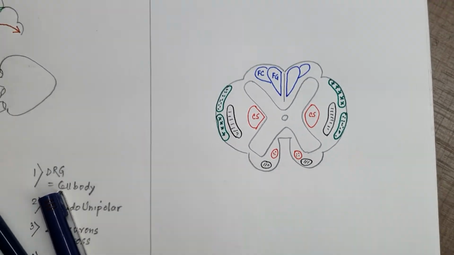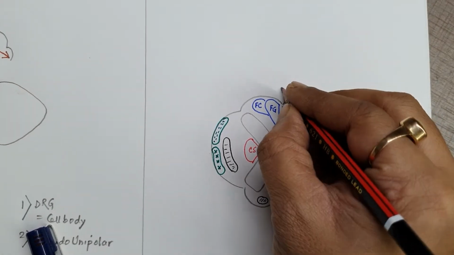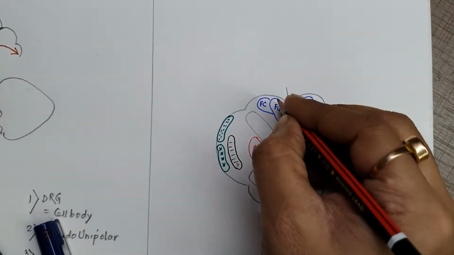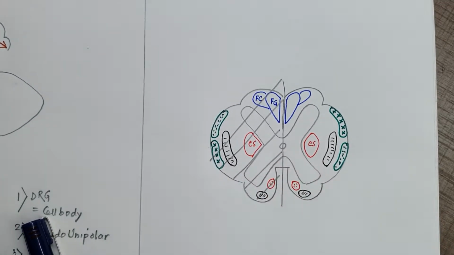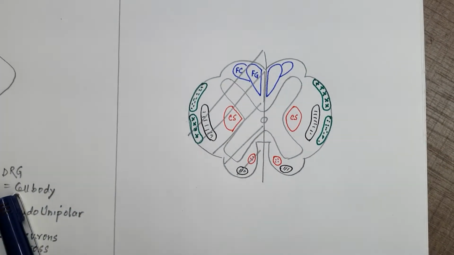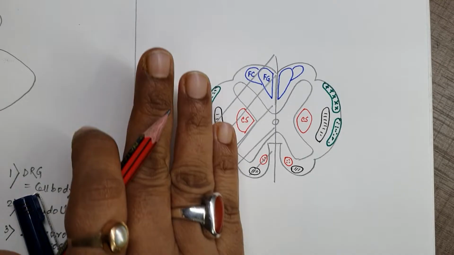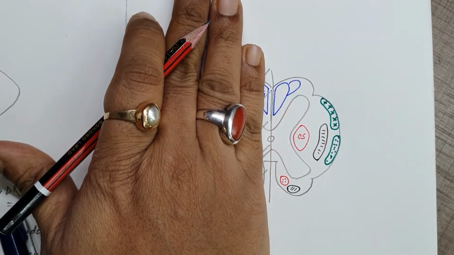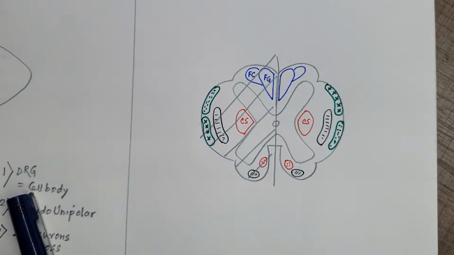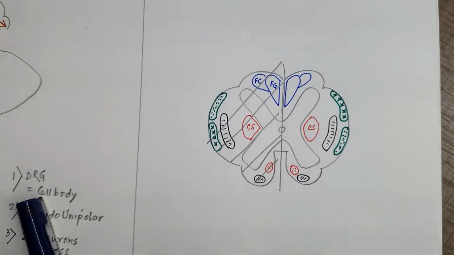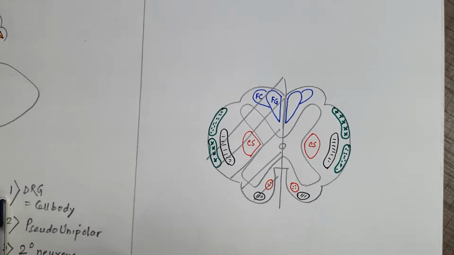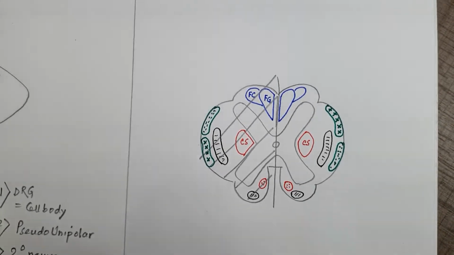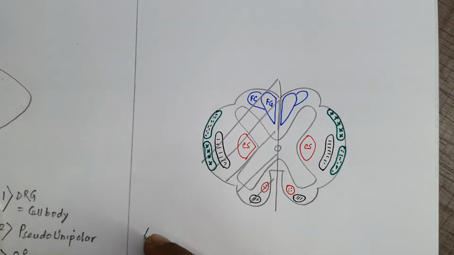At this moment, the question comes: what happens if there is hemisection of the spinal cord? That means this side suddenly is disrupted. So we divide it under two headings. What happens at the level?